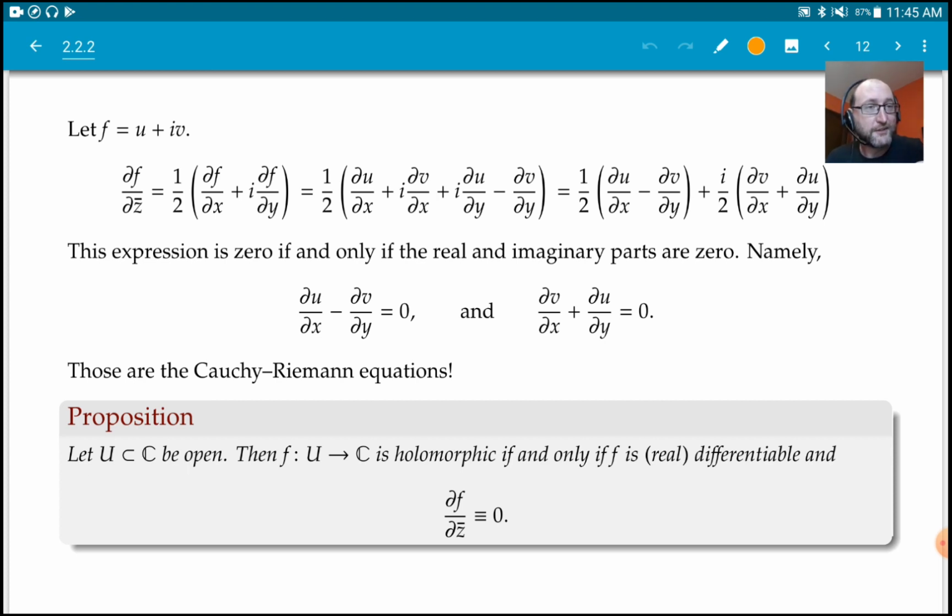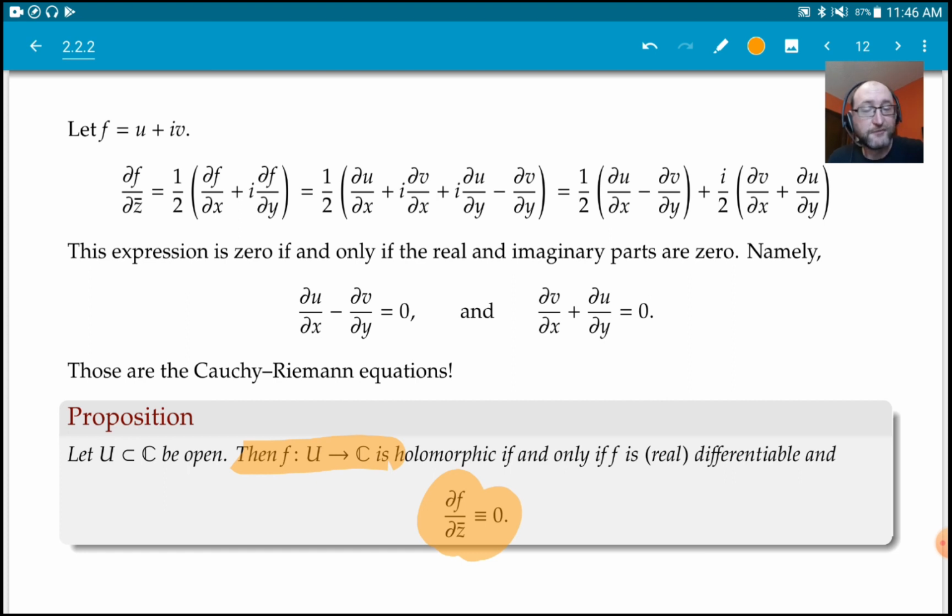So we can write down the Cauchy-Riemann equations in a simpler way, right? If I have a function f defined on some open set, it's holomorphic if and only if it's real differentiable and this equation holds. So let's not worry about that; I'm going to assume real differentiable, and we have this equation, right?